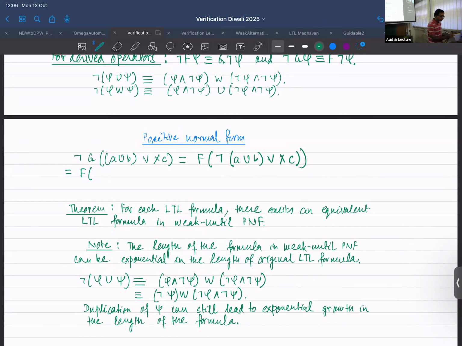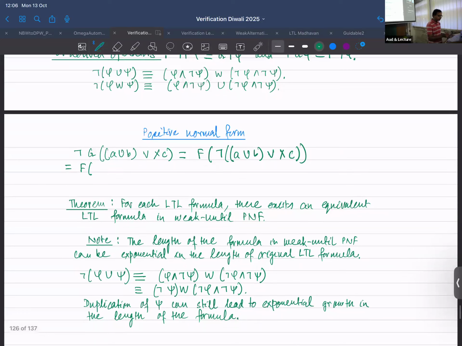So I think you were right. There is another bracket I should put here. Is it matching now? Okay. So it is negation of A until B and X of negation of C. Right? And then this we can also write as in what way?